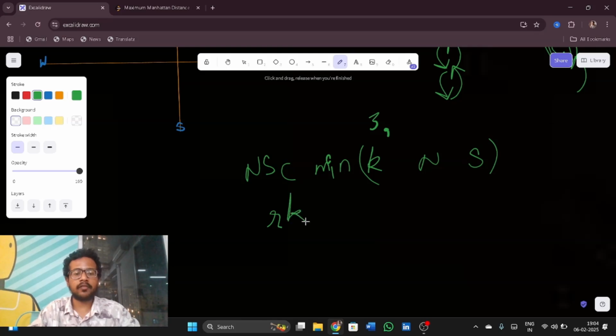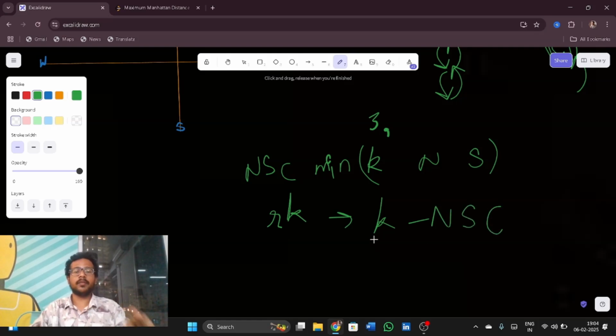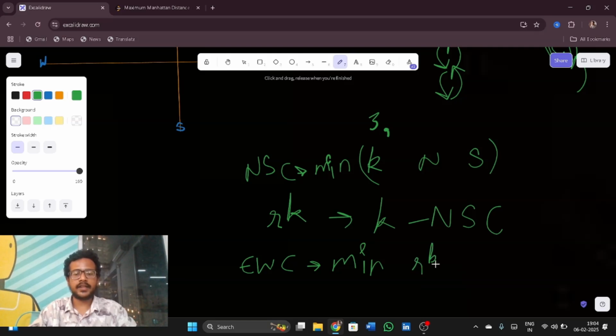Now what is the remaining k? The remaining k will be k minus north south changes. So what will be the remaining east west changes? At this point it is the same as the above one. So east west changes will be the minimum from the remaining k, not k, the remaining k, and east comma west.